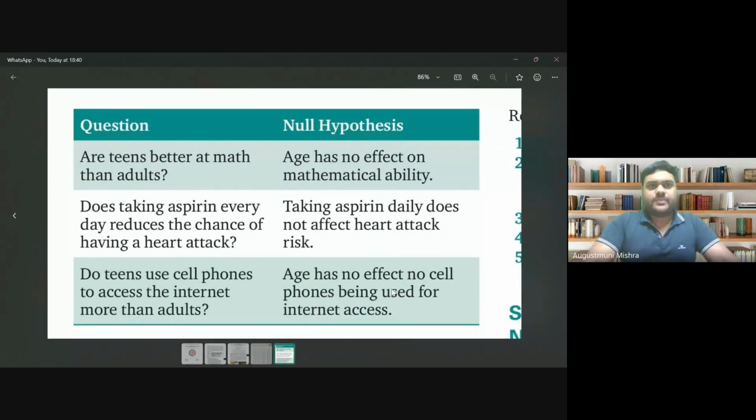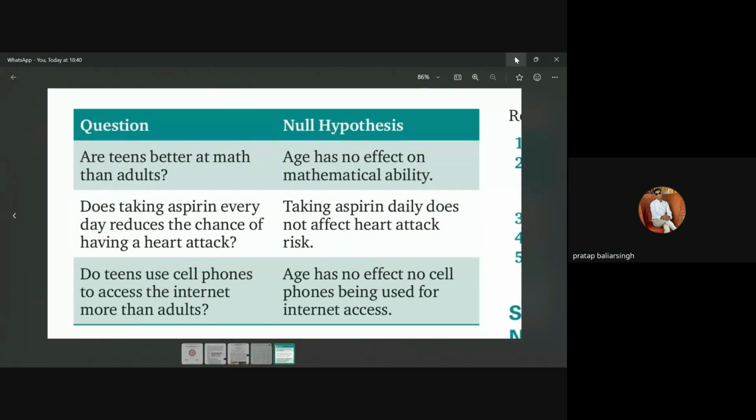I think that is clearly visible to everyone. I have shared one of the differences between the question and the null hypothesis. By seeing that, you can understand the basic difference between a question and a null hypothesis.